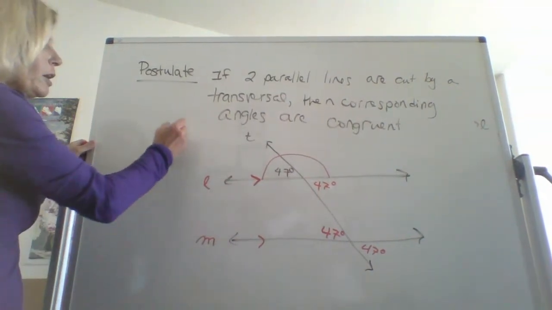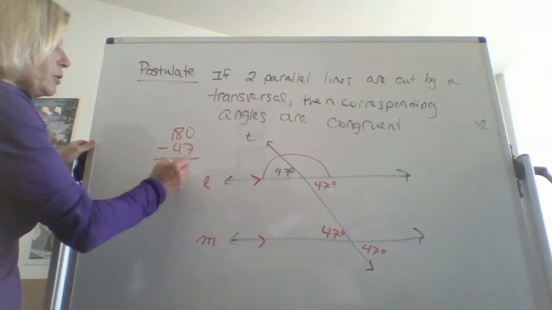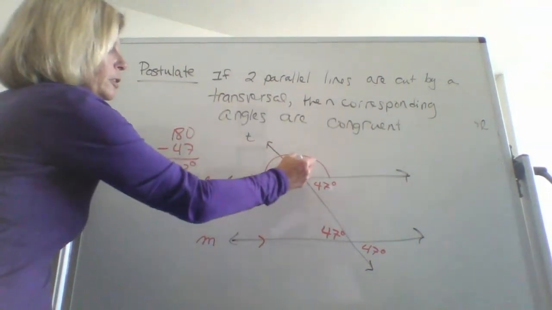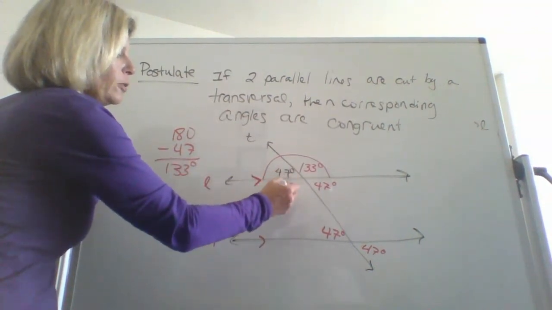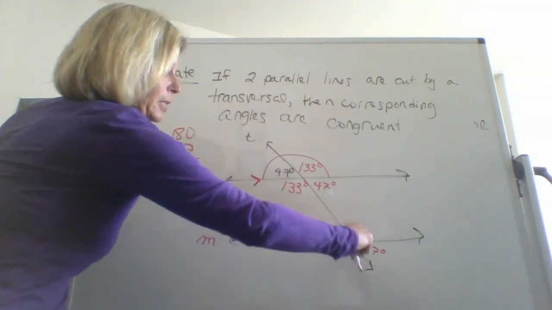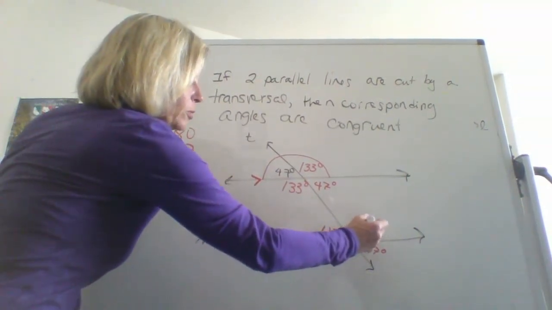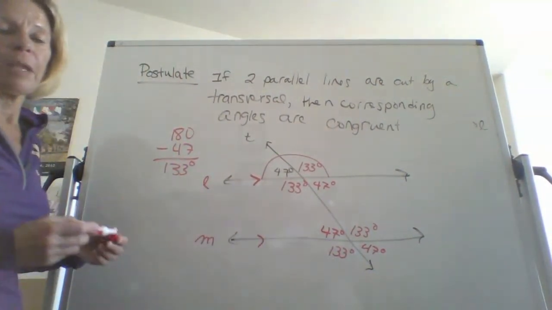So if I do 180 minus 47, I get 133 degrees. So this is 133 degrees, 133 degrees. Down here, same thing, 133 degrees, 133 degrees.